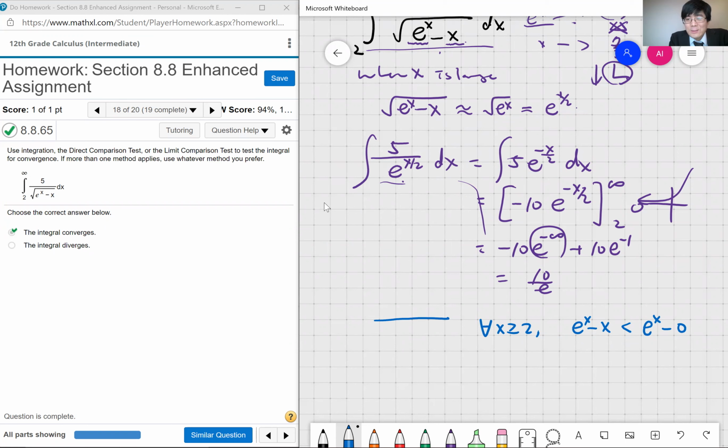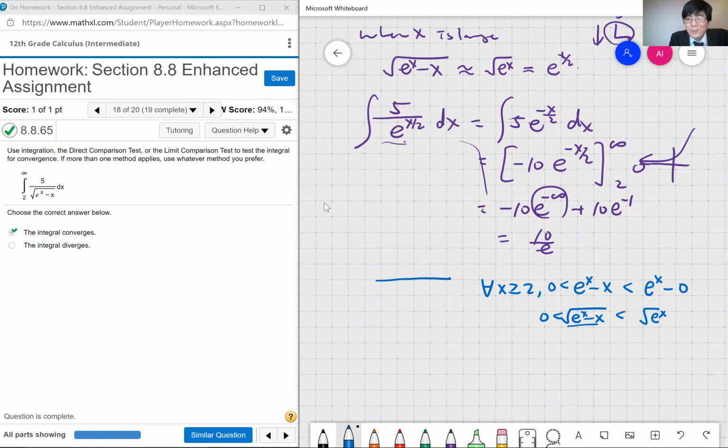And when x is greater than 2, this is greater than 0. So this is greater than 0, and this is smaller than this. So the denominator of this one is smaller than this.